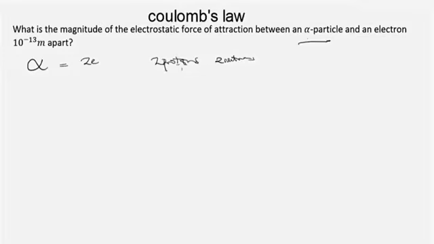So an alpha particle will have two protons and two neutrons, and for that, the charge is positive 2e. Whereas an electron will have just 1e.